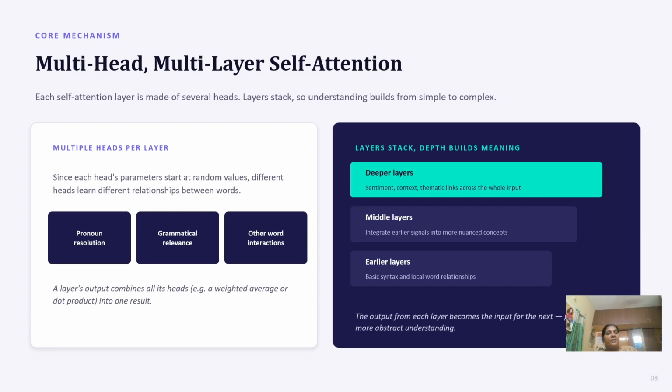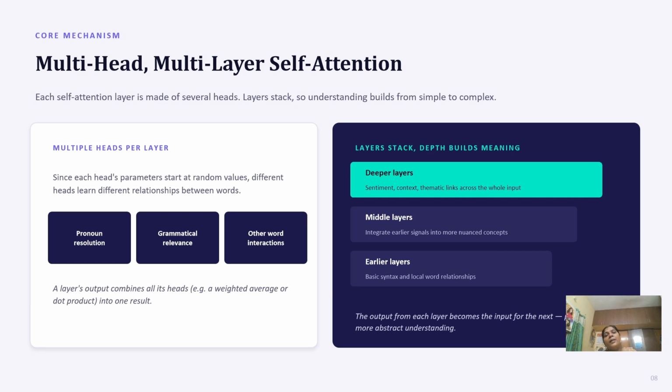Different heads learn different relationships between words. That is, you talk about pronoun resolution, grammatical relevance, other word interactions, and you combine all that understanding from all the heads, and you calculate a weighted average or a dot product of it and give one result.